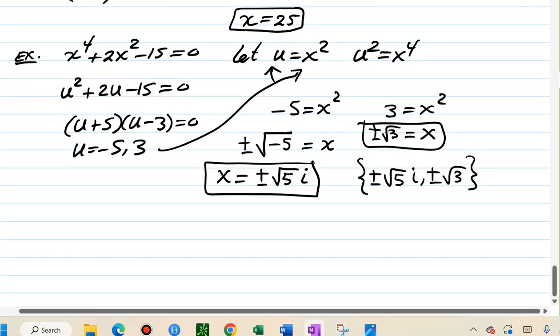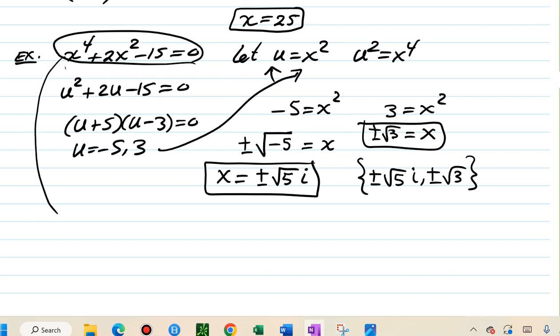And by the way, some people actually are able to factor this from the get-go. So you don't have to actually introduce that auxiliary or extra variable u. This is what I mean. If we wanted to, we could factor right off the bat. There you go.